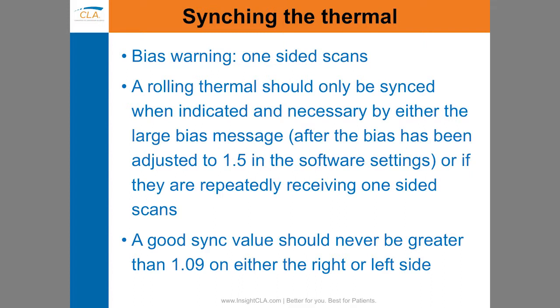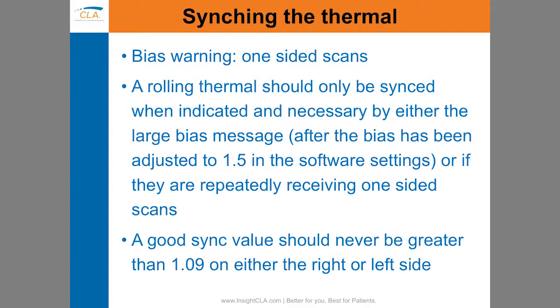Sometimes, especially if you're going from outside to inside, from a screening environment to an internal environment, the thermal syncing can be off. These are very sensitive pieces of technology, and it sometimes can alter a little bit of the actual thermistors that are in there. And so we have a system in place to where you can sync the scan in just a moment. A rolling thermal should only be synced, however, when indicated.